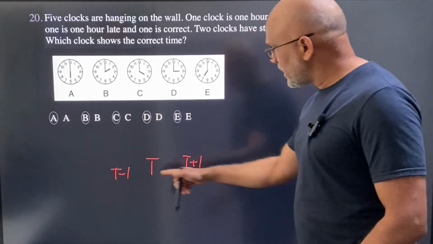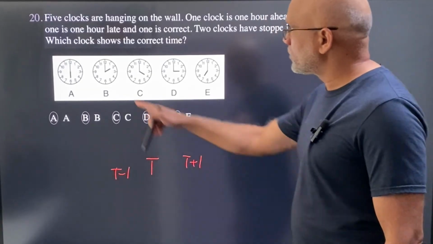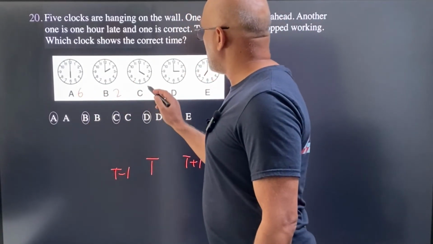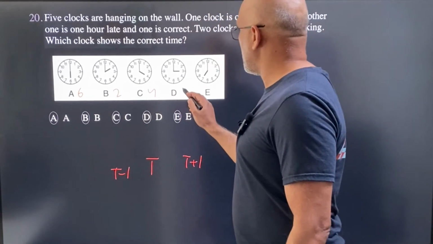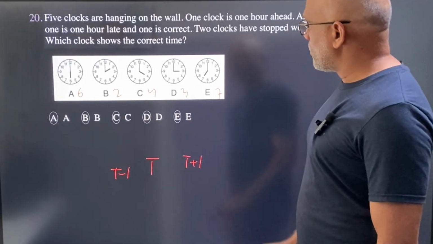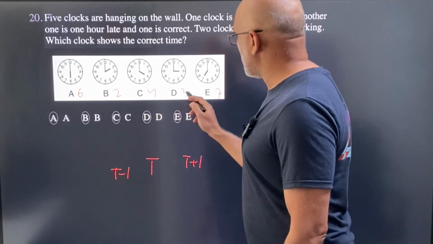So as you can see here, we need three consecutive numbers, T minus 1, T, T plus 1. So this clock is showing 6 o'clock, this is showing 2, this is showing 4, this is showing 3, this is showing 7, right? So the only three consecutive numbers here are 2, 4 and 3.